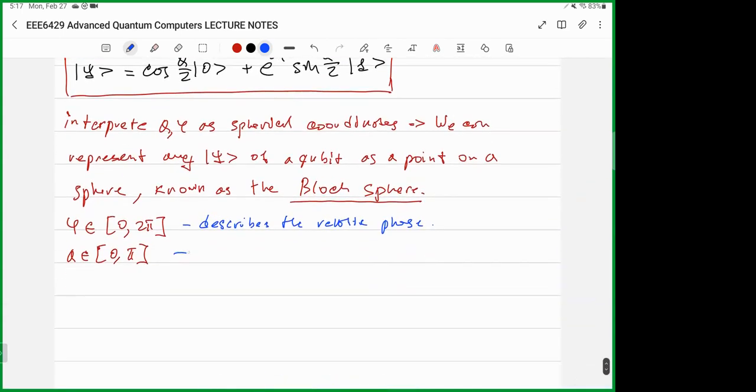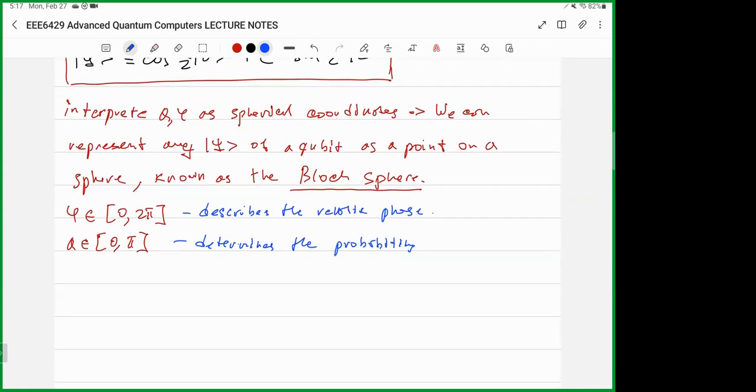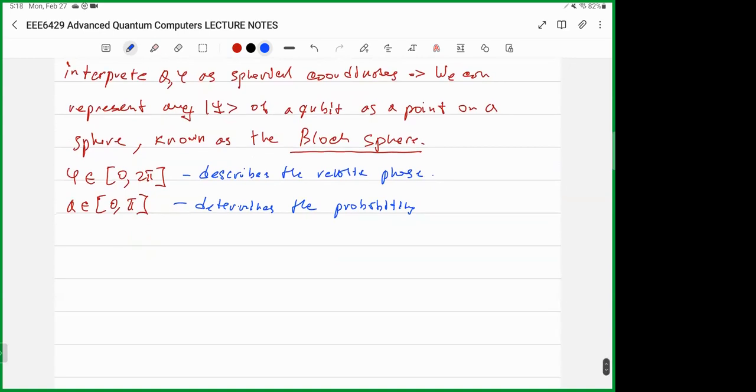And the second one, this theta, it determines the actual probability. Probability of finding the qubit in a particular state.